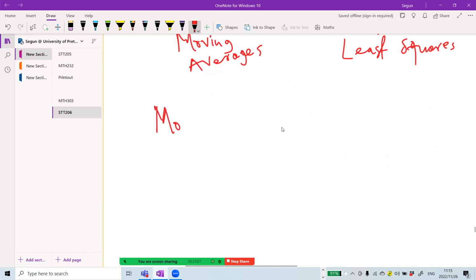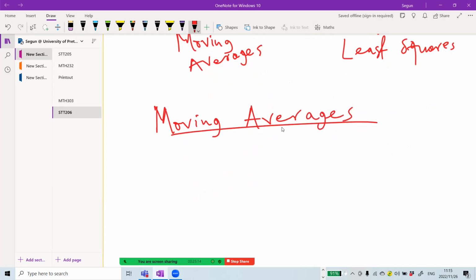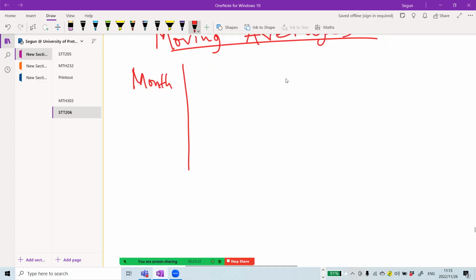For the moving average, I will give us some examples. For example, if you have sales for months, and these months can be January to December, we all know that. Then we have sales.